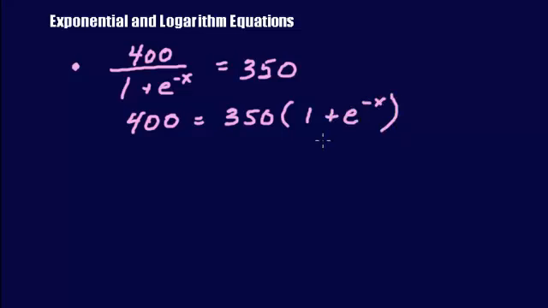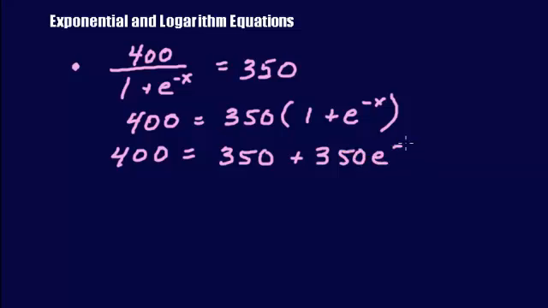The next thing I'll need to do is distribute that 350, move over my constant. So I've got 350 plus 350 e to the minus x. I'm going to move this 350 over, subtract 350 from both sides, and I'll have 50 equals 350 e to the minus x.